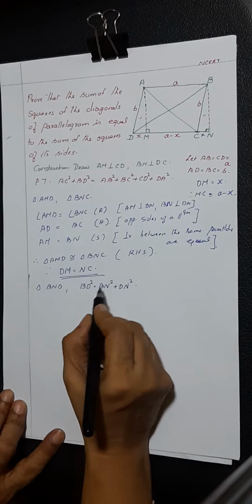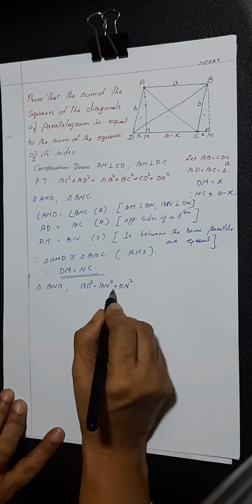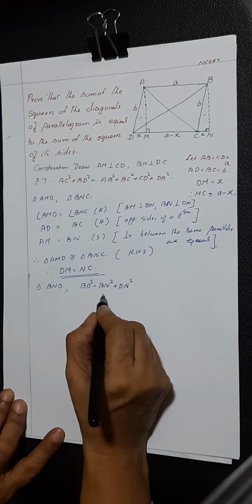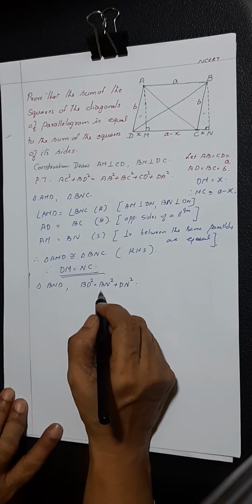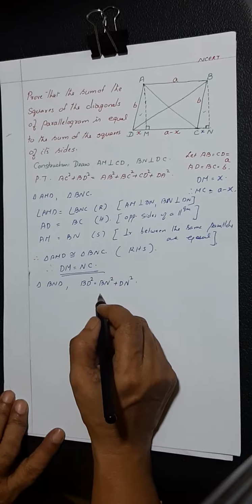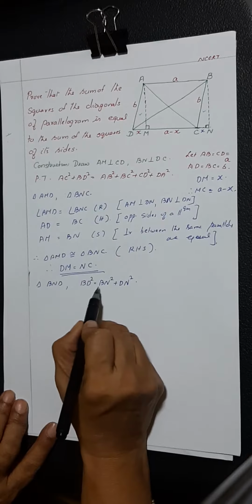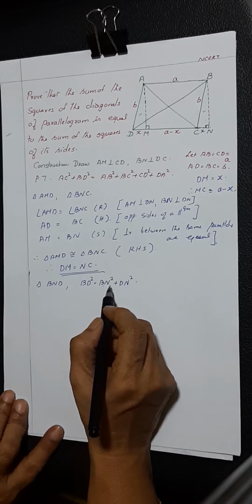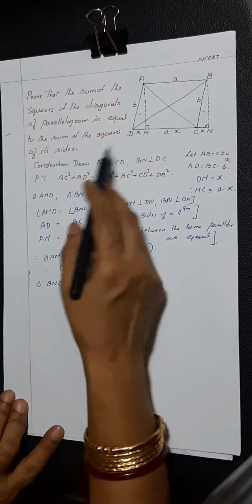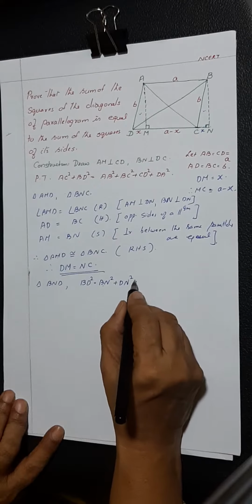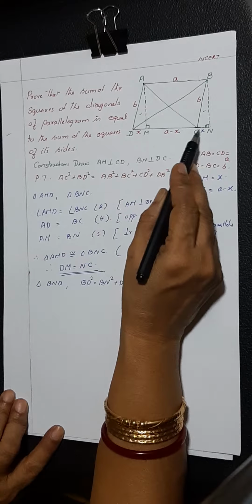So DN squared is actually A plus X the whole squared.